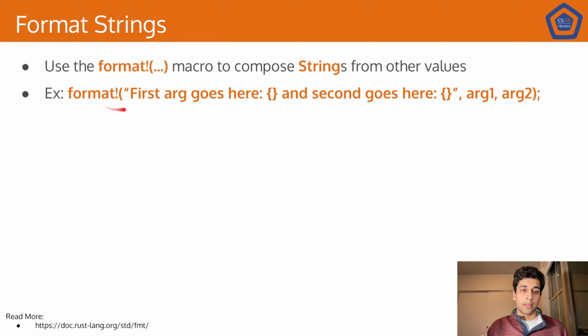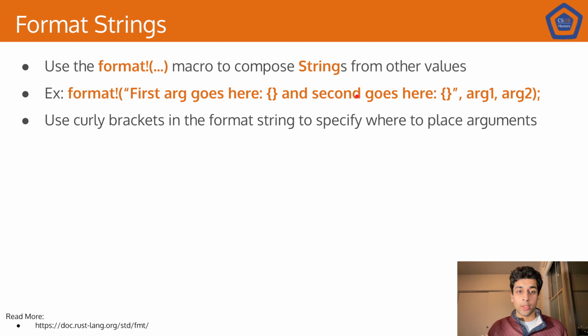So as a quick example, we can say format, and then we have this &str, which has these curly braces in the middle. So what's going to happen is this is going to create a String that fills in arg1 here. You can put whatever variable, whatever value you want here, and it will fill arg2 into here. So the result will be a String that has arg1 and arg2 formatted into the string in chronological order.